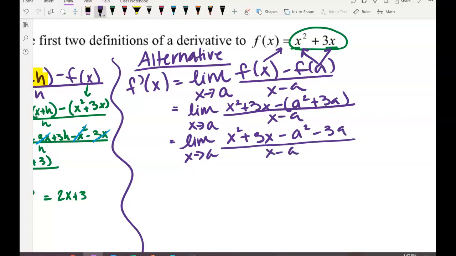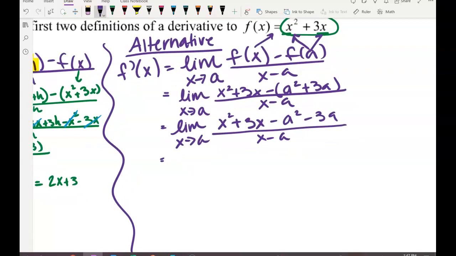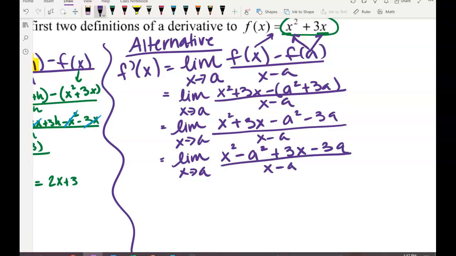Here is when we are going to use some algebra manipulation. And you know, math is amazing. Here we go. I'm going to regroup the squared terms together, and I'm going to write the 3x and the 3a together. After that, we are going to factor these two groups out. So factor by grouping.